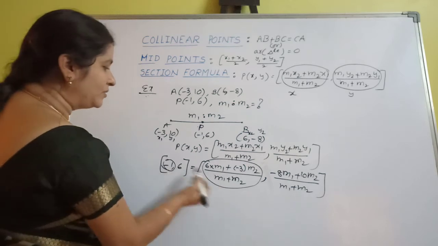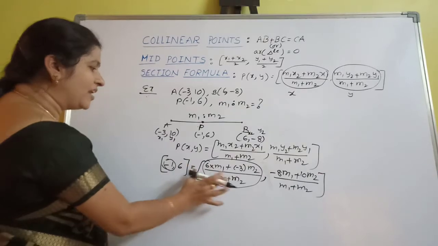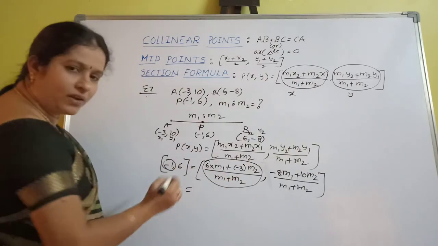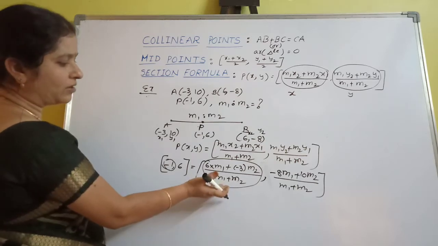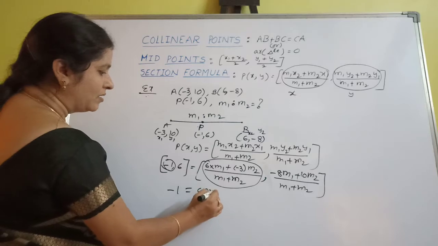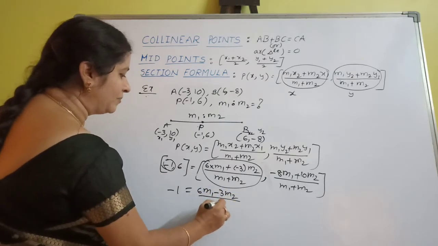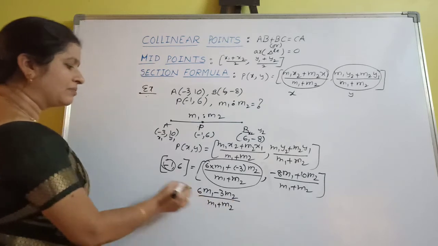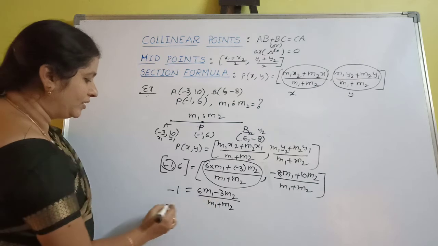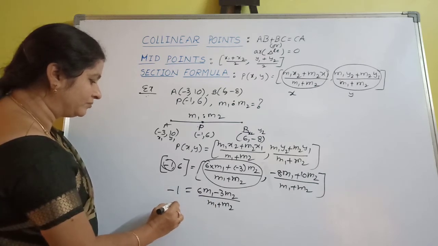So here once observe, these two are equal means we are taking the two values as equal. Here x coordinate value -1 is equal to, here x coordinate value is the first one, so (6m1 - 3m2) by m1 plus m2. By doing the cross multiplication, -1 into m1 plus m2. So it is minus of m1 plus m2.